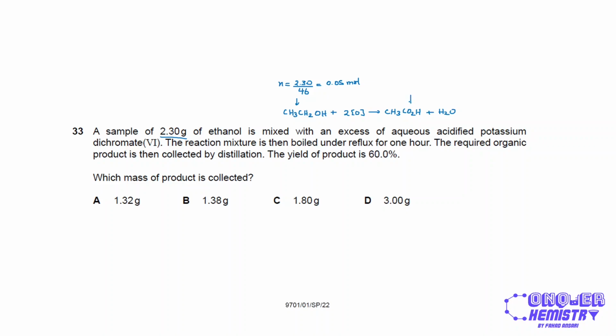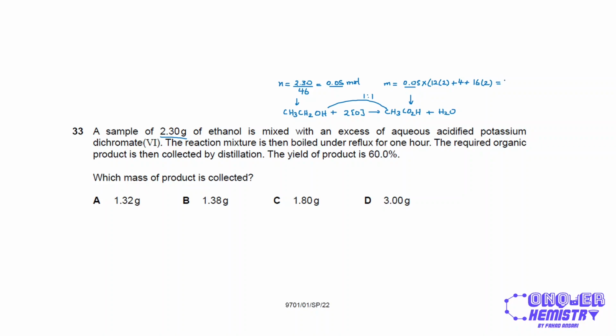Now, it says the yield of the product is 60%. First of all, we find the theoretical yield of ethanoic acid, which is our product. So we find the mass, which is the moles. And remember, the moles are going to be the same because there's a 1-to-1 ratio between the ethanol and ethanoic acid. So 0.05 times the Mr. In this case, it will be 12 times 2 plus 4, 12 times 2 for the carbons, 4 for the hydrogens, plus 16 times 2 for the oxygens.